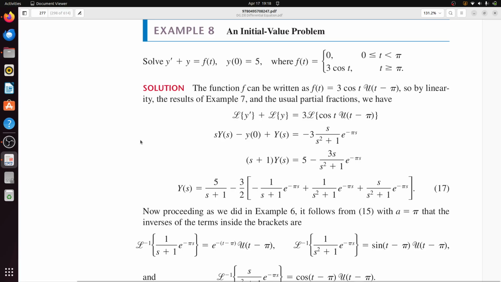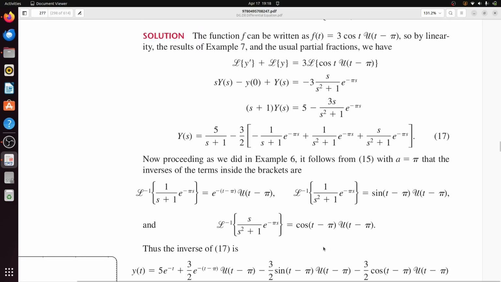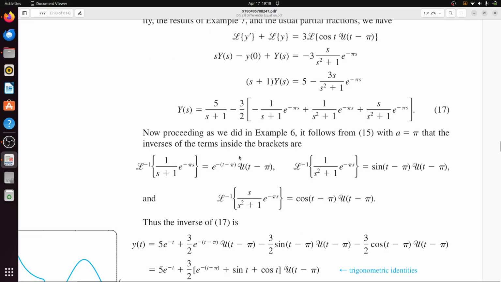From the second you will get e to the power minus (t minus pi) into u(t minus pi). And here also this will be sin (t minus pi) into u(t minus pi), and cos (t minus pi) into u(t minus pi).